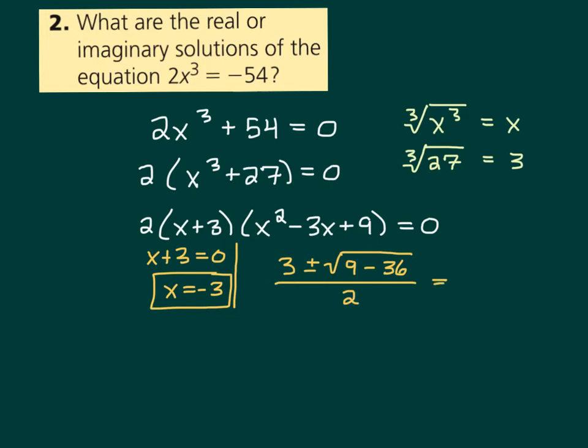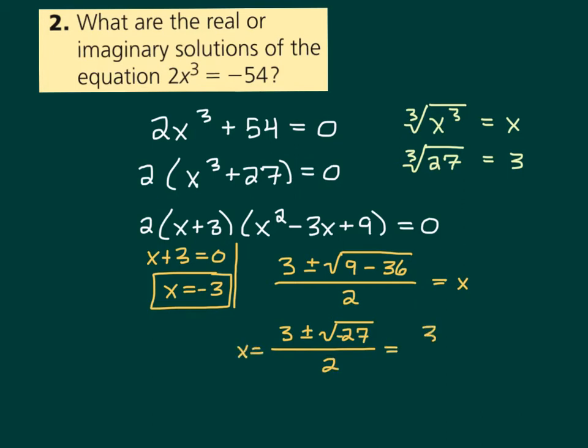That's going to be both imaginary solutions because we have plus or minus, so that represents two numbers. We have 3 plus or minus the square root of, what is that, negative 27? Yeah. All over 2. That's going to be the x.